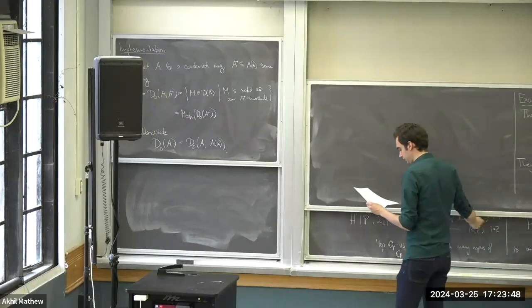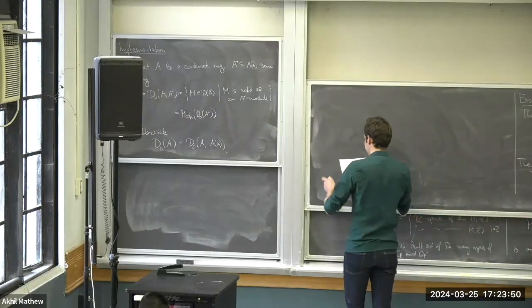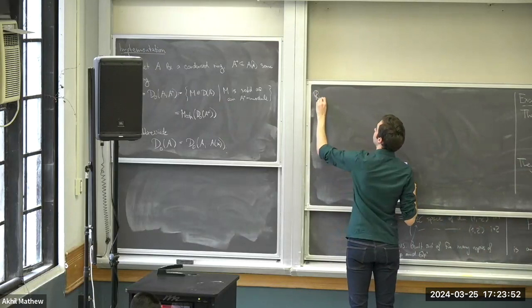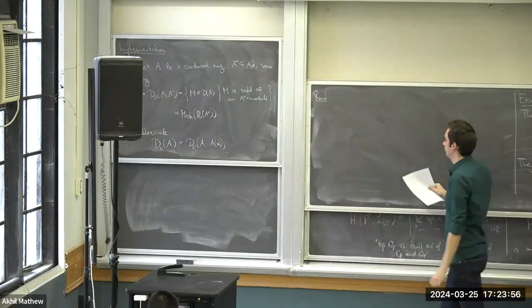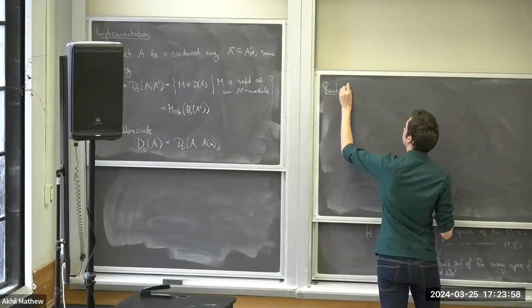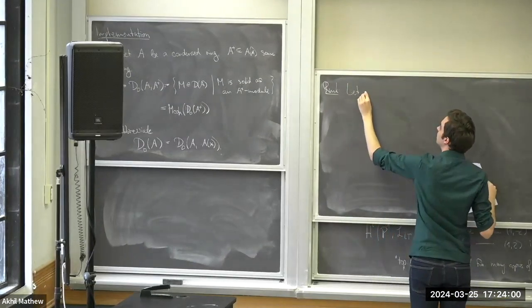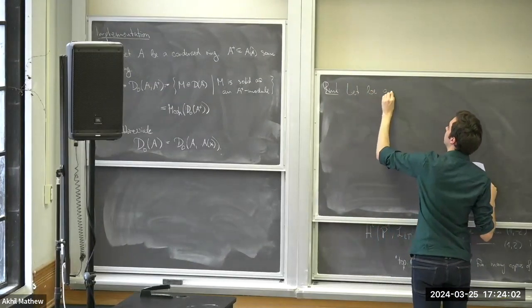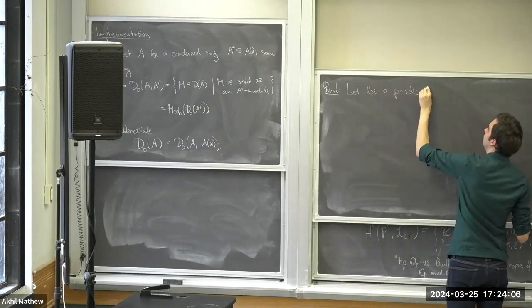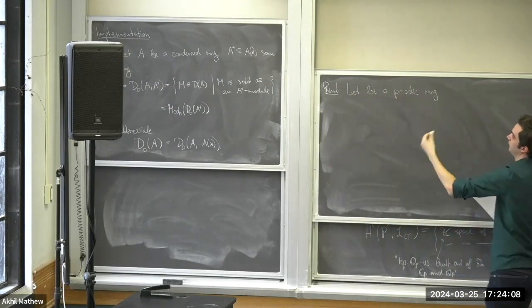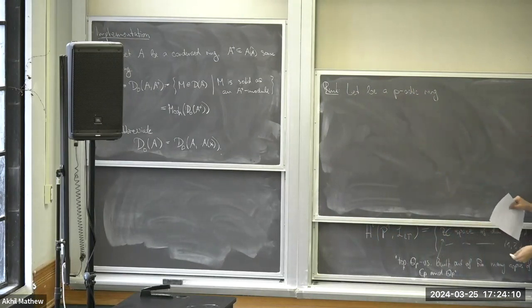Okay, and then there's one remark, and this is maybe slightly weird, something that happens. Namely, suppose A is a p-complete ring, a p-adic ring. So I just mean a condensed ring.